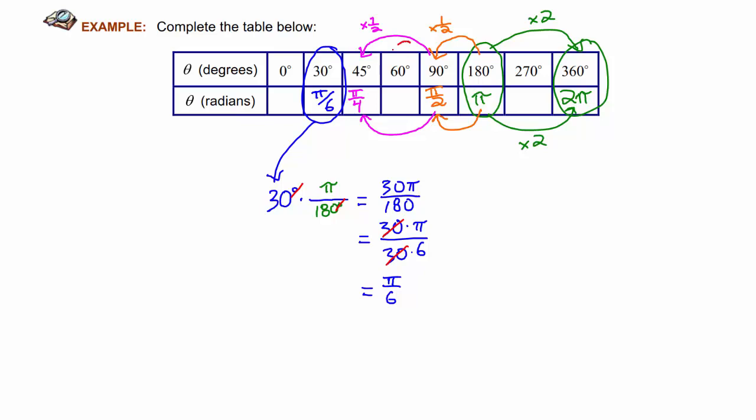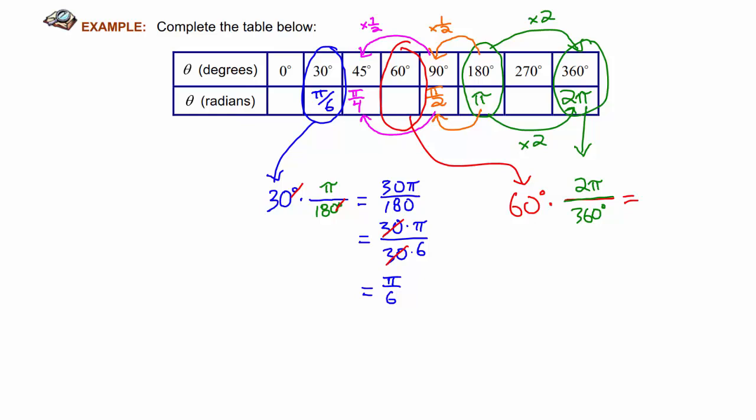Similarly, we could manually convert 60 degrees. 60 degrees times, how about this time we use our other relationship, this one right here, 360 degrees is the same as 2 pi. And we can work this out now.